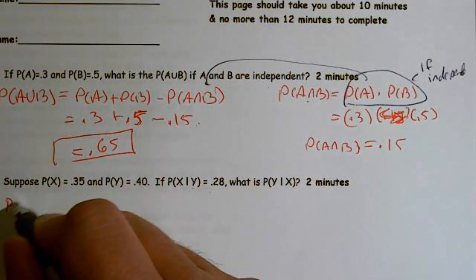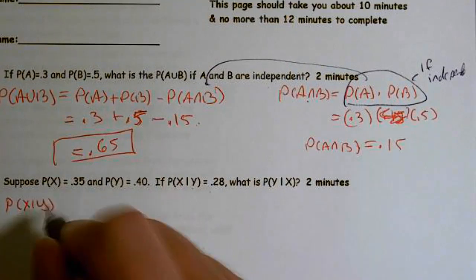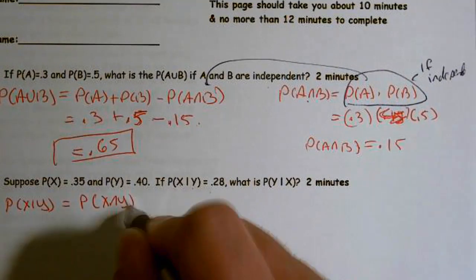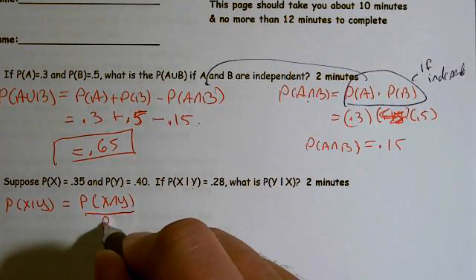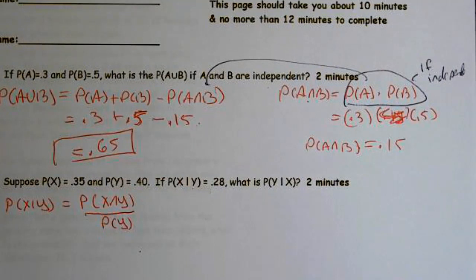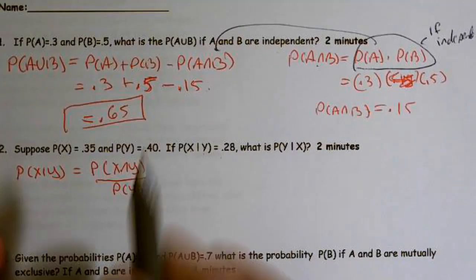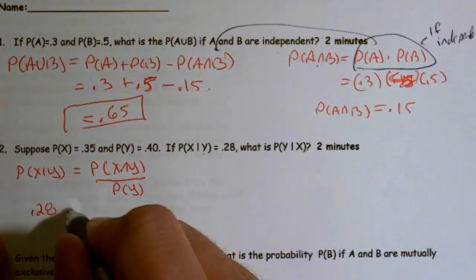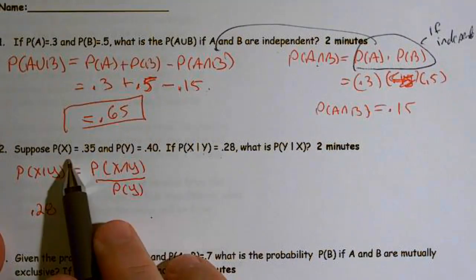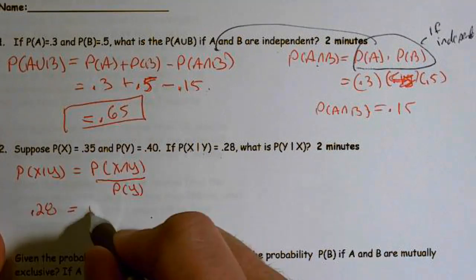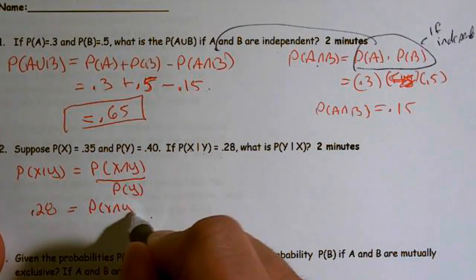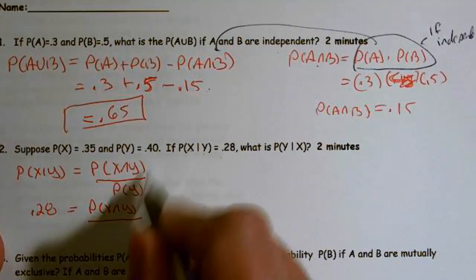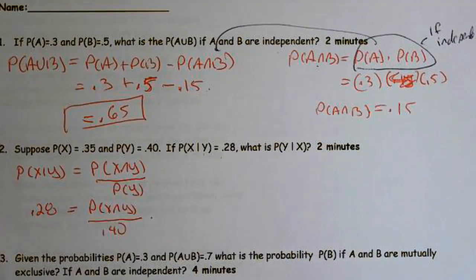So we know the probability of X given Y equals the probability of X and Y over the probability of Y. And I can go ahead and plug in. When I plug in, this is 0.28 equals, and what else do we have? We have the probability of Y. We don't know the probability of X and Y, but it's over 0.40.